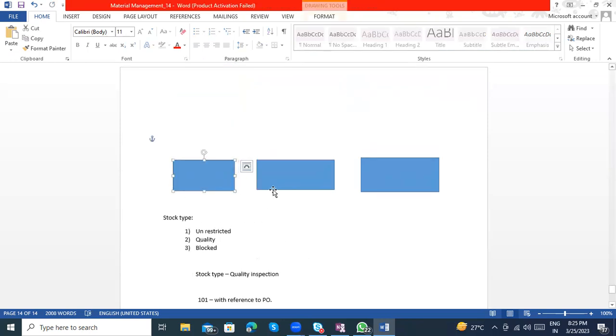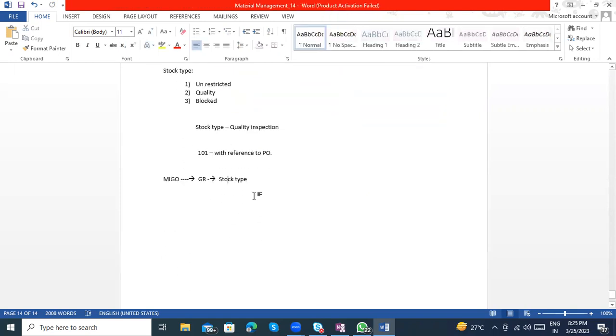So this is unrestricted, quality and production stock. If you want to do a manual transfer posting from unrestricted to quality, or quality to blocked, you can use movement types; we have different movement types: 321, 322, 343, 344, 349 and 350.